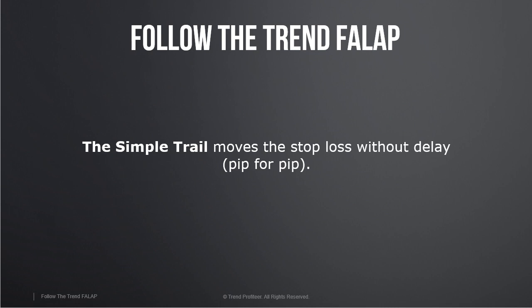If it moves up again, it'll move another pip, pip for pip. And you can set the trail, how much it's trailing by, in your trade assistant as well. So for example, at 75 pips, it's going to trail the trade 20 pips behind the current price. Every time the price moves in your favor, it's going to move in line with that, pip for pip.